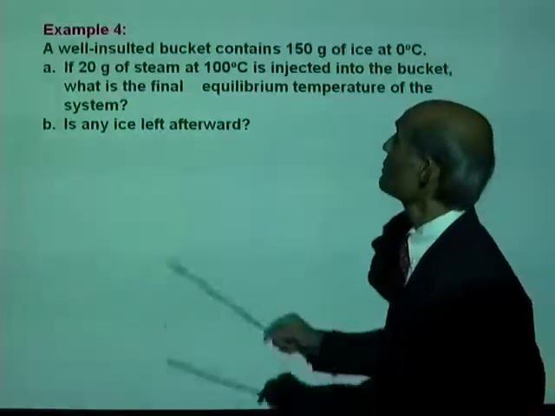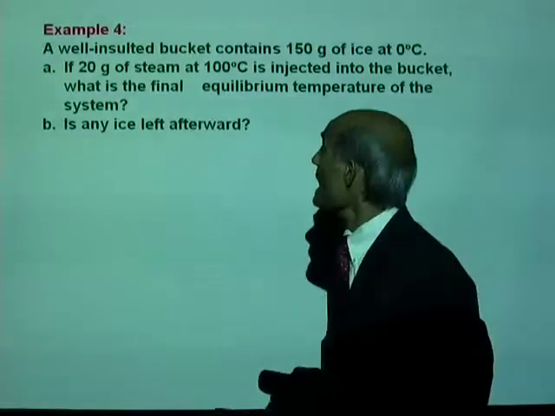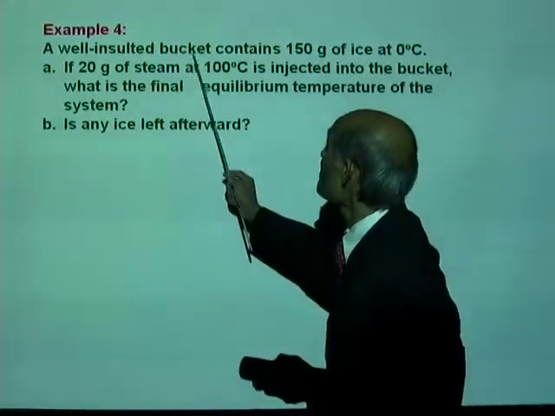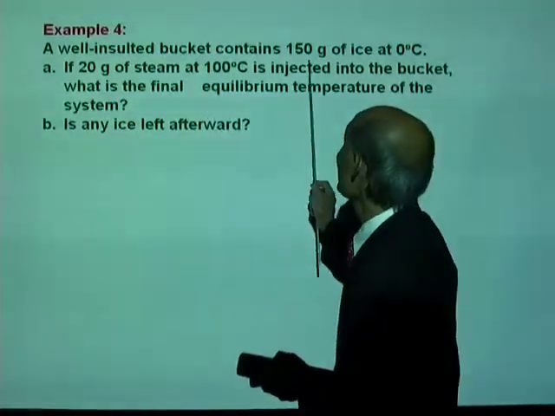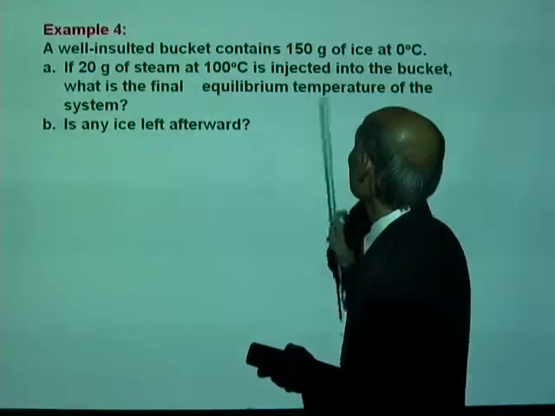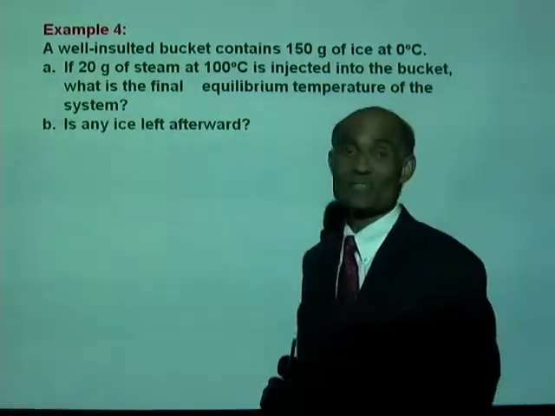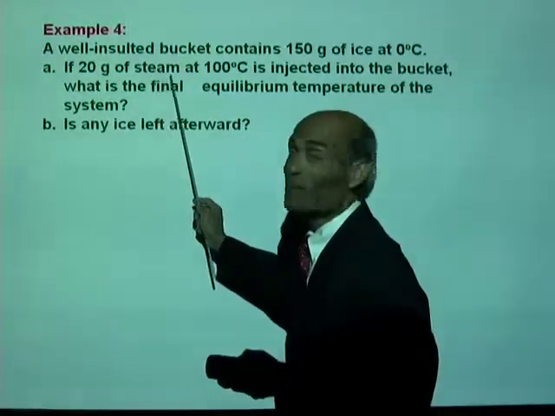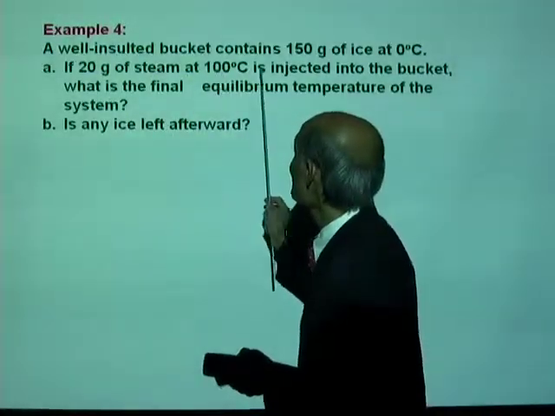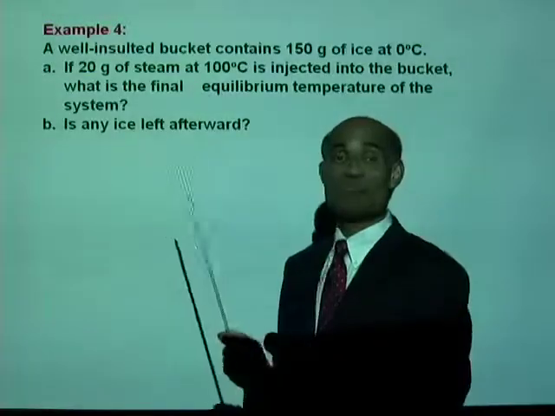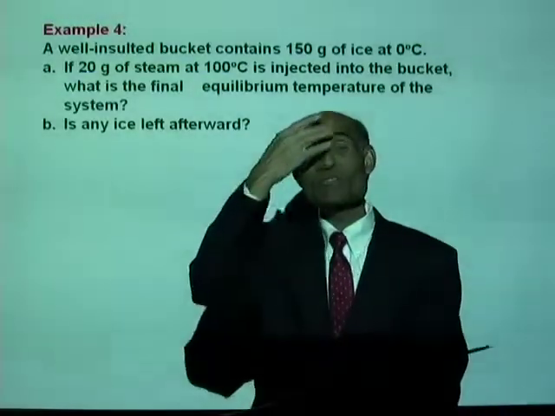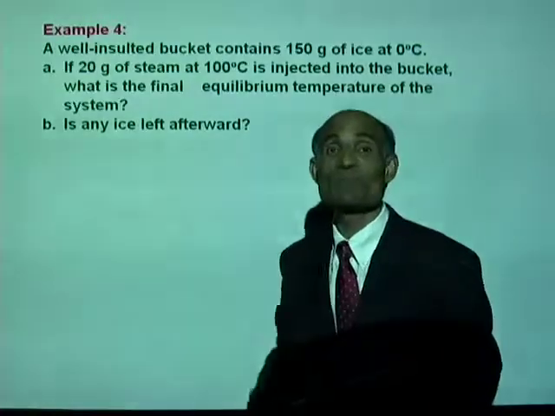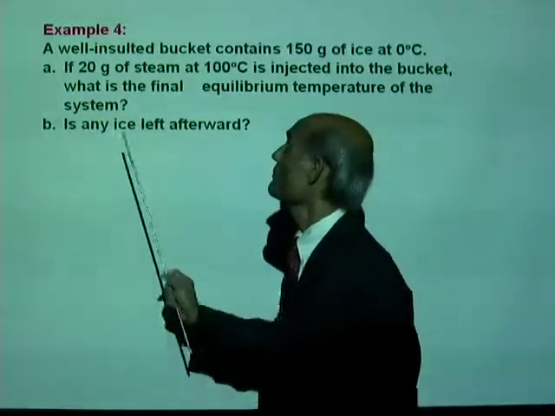Okay, let's do another problem. A well-insulated bucket contains 150 grams of ice at 0 degrees Celsius. If 20 grams of steam at 100 degrees Celsius is injected into the bucket, what is the final equilibrium temperature of the system?